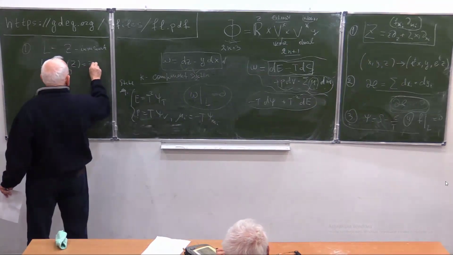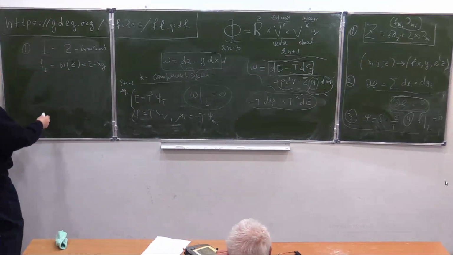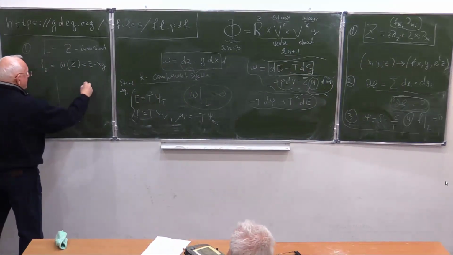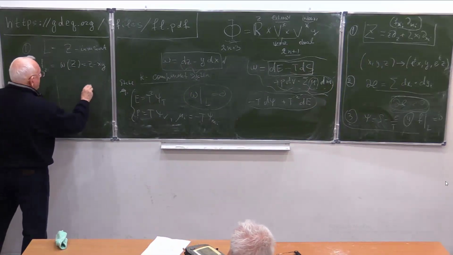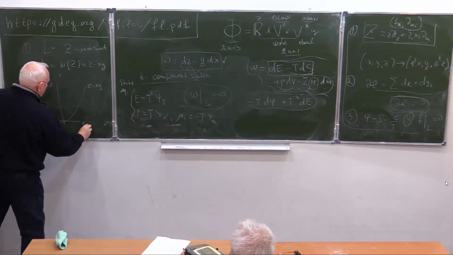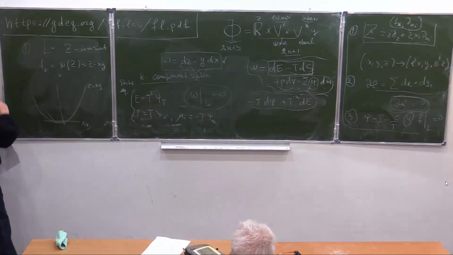So it means that in this space we have this manifold where z equals x times y, and our Lychagin manifold should lie here.